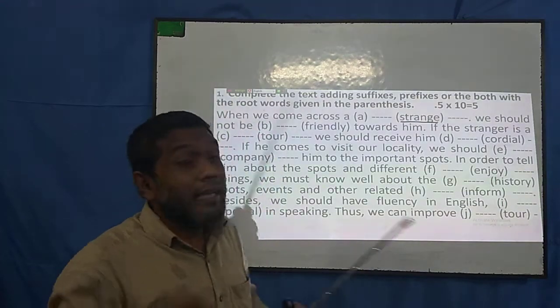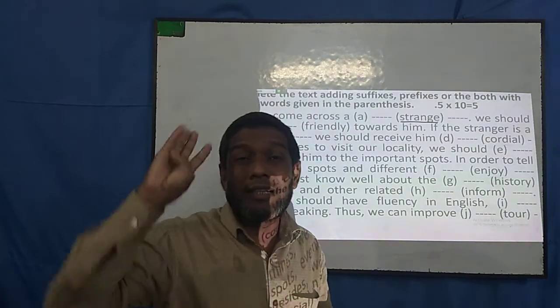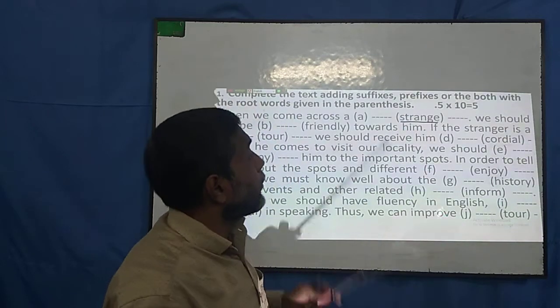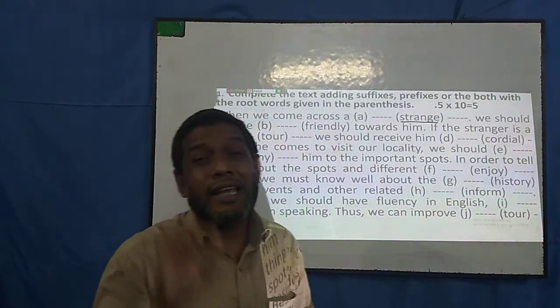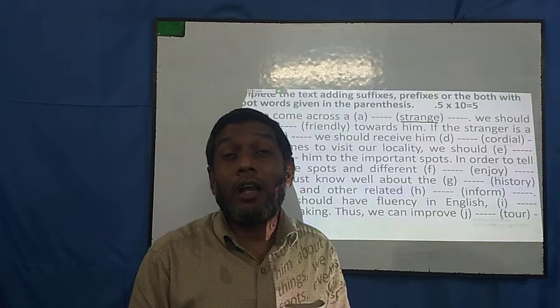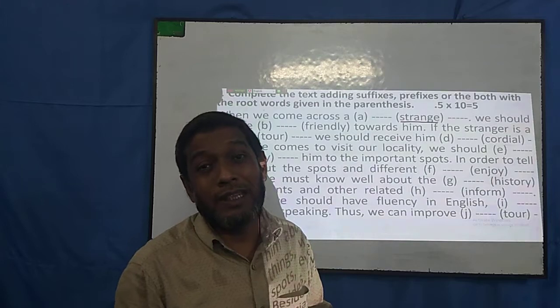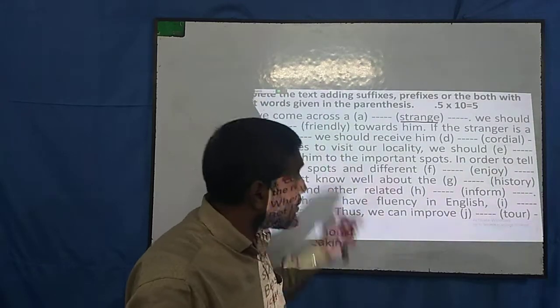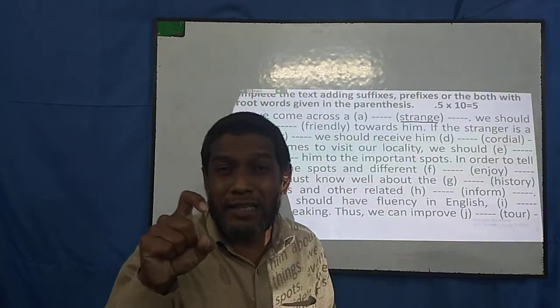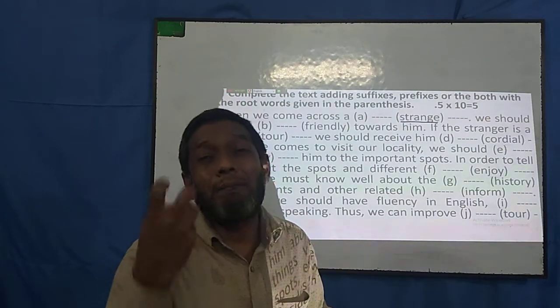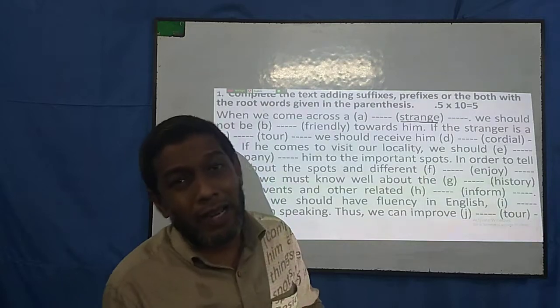But the other 4 parts of speech, noun, adjective, verb and adverb, are called secondary parts of speech, or you can call them vulnerable parts of speech. That means these 4 parts of speech can be changed from one form to another by taking particles before or after them.